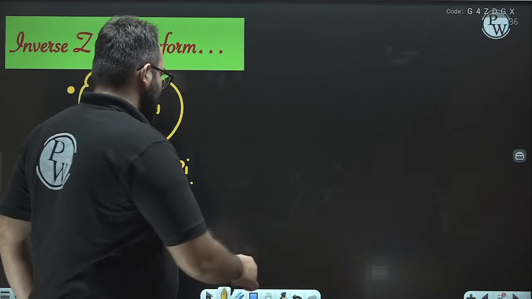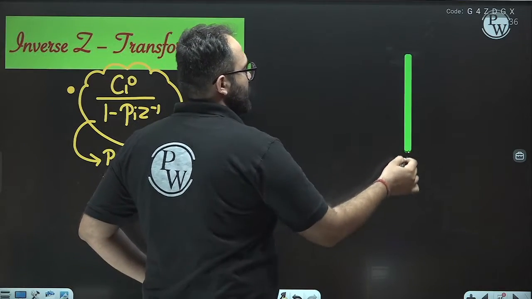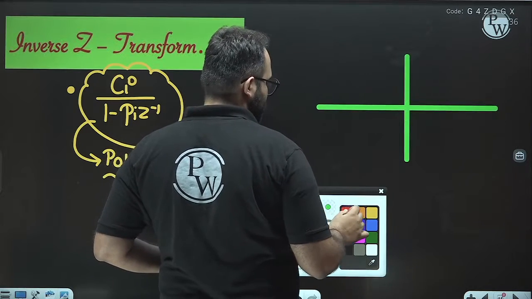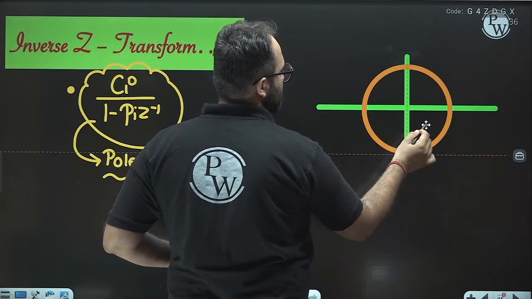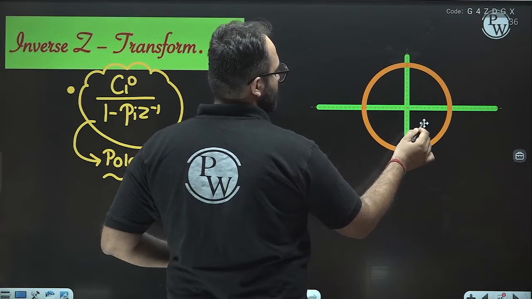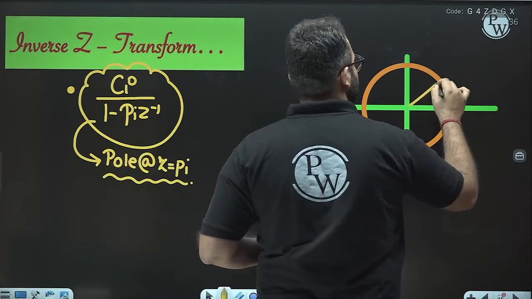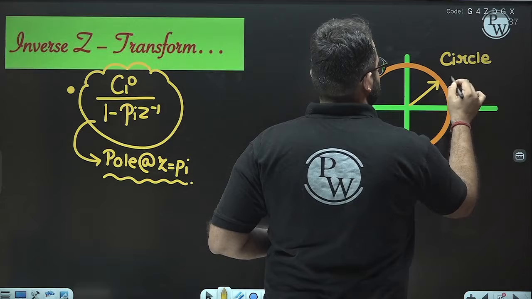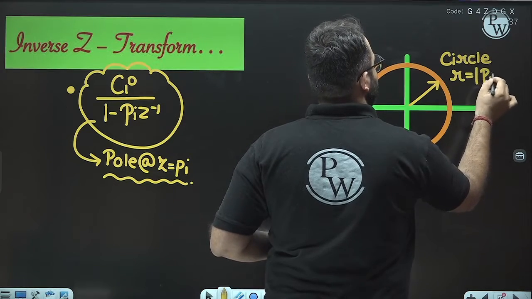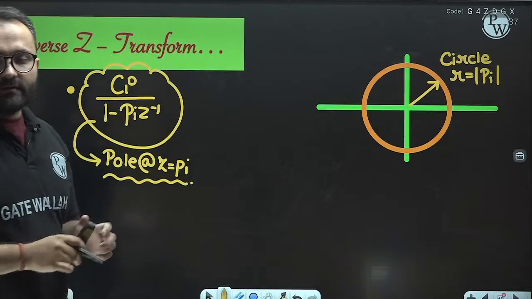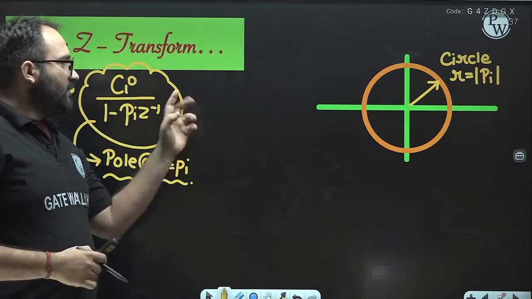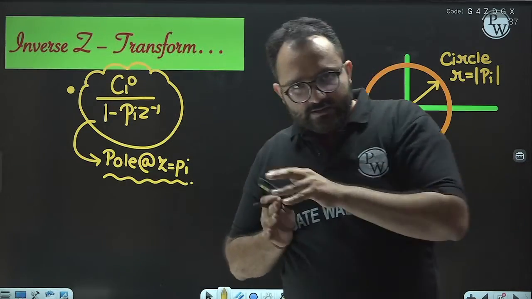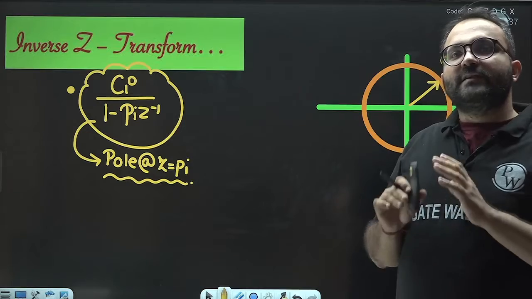Now, if we draw the ROC, we can see that there are two possible ROCs. If we draw a circle with radius equal to the magnitude of the pole location, Pi, one possible ROC is the region inside the circle and the other is the region outside the circle.